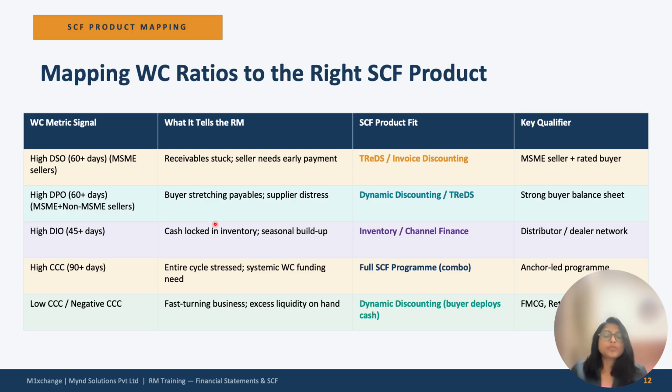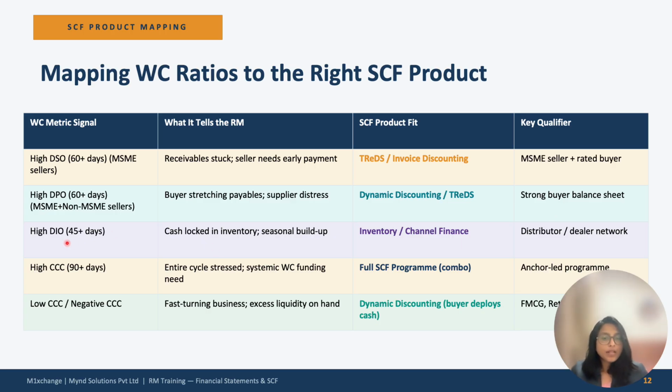Now what happens when you stretch the payment to the suppliers? They very intelligently add that cost back to the COGS, and that hits the buyer. The SCF products which will fit these buyers will be either dynamic discounting, if the buyer is cash rich, or a TReDS product. The key qualifier is a strong buyer with a good balance sheet.